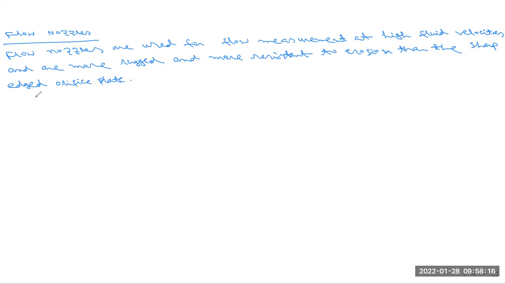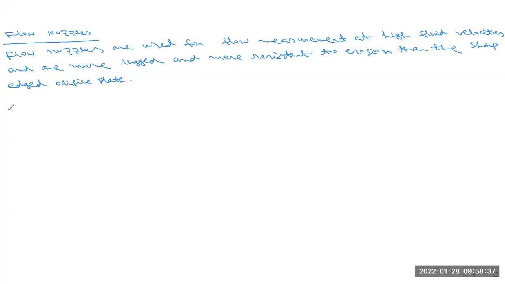Okay, so this flow nozzle you have to design according to the international standard organizations. Okay, so these are basically the process: you have to use different materials you have to control, and different sizes are available for the flow measurement using the flow nozzle method.